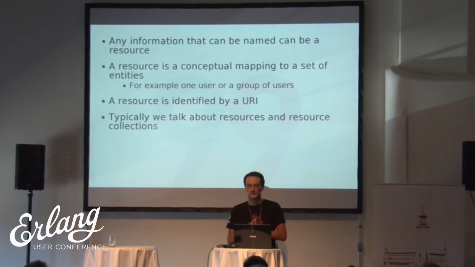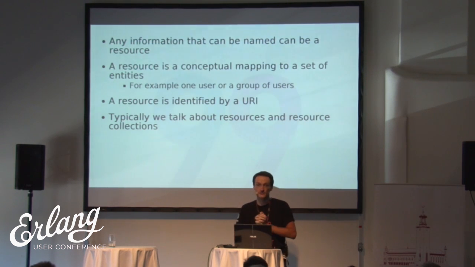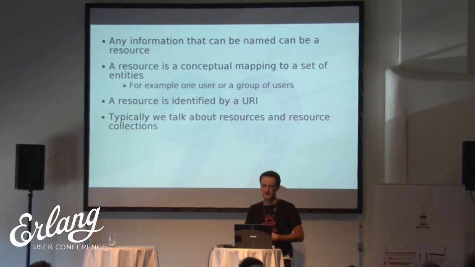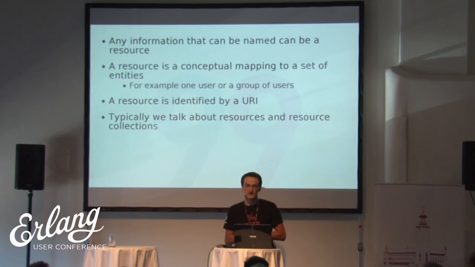So the uniform interface defines 4 additional sets of constraints. And this is where resources, resource identifiers, representations, and so on are defined. So this is the most important part for us who are going to write APIs or clients. So what is a resource?